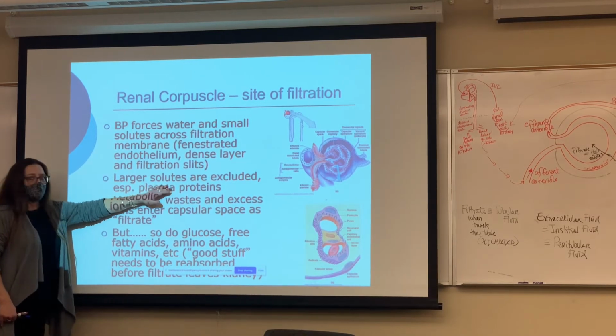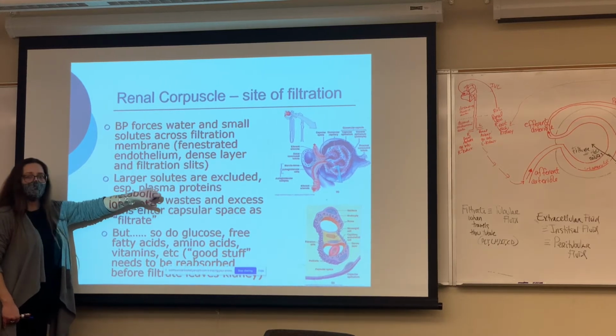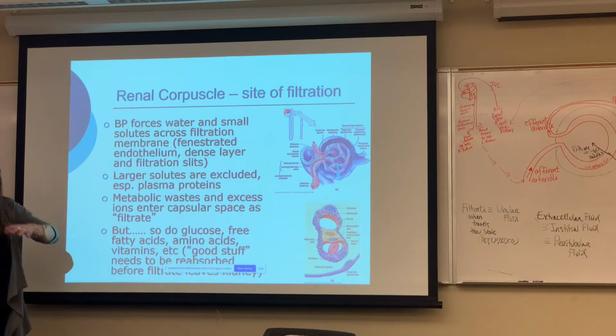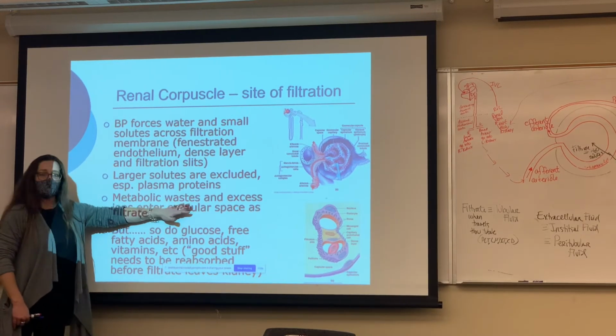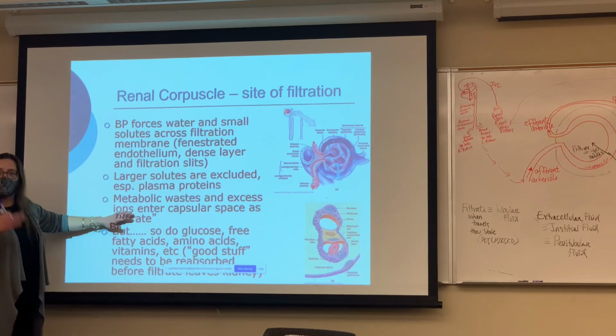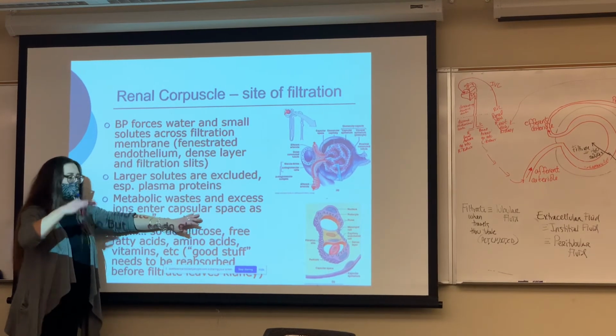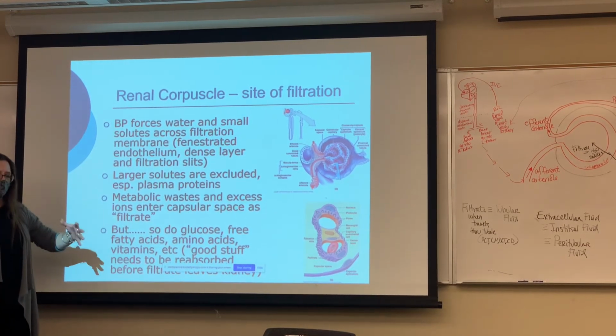Larger solutes should not be able to leave. Plasma proteins should not be leaving. Cells shouldn't be leaving. What should be leaving are things that are small, like metabolic waste. Excess ions will enter the capsular space, the hollow space of Bowman's capsule, and become the filtrate.